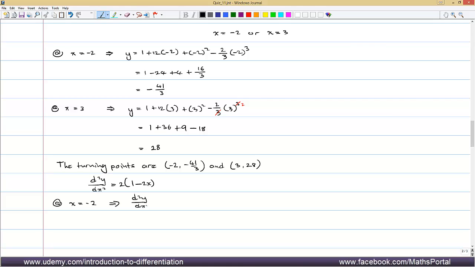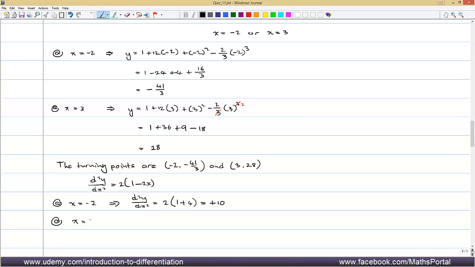We do not need to evaluate the exact value, but we need to know whether it is negative or positive. So what's the value of d2y/dx2 at x equal to minus 2? 1 minus minus 2 times 2, that is plus 4, or 2 times 5, which is 10, plus 10. That is the only thing that matters: plus. We do not care about the value 10 over here.